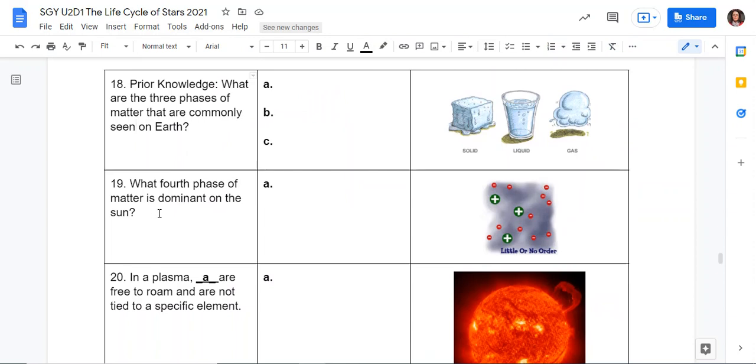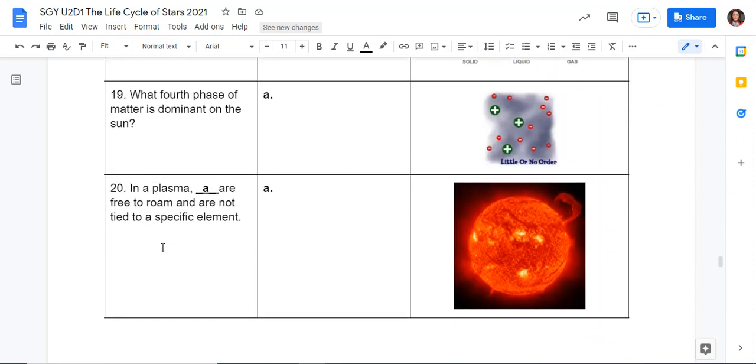So number 18, prior knowledge question, what are the 3 phases of matter commonly seen on Earth? And of course, solid, liquid, and gas. But there's a fourth phase of matter that's actually dominant on the sun, and it's called plasma.